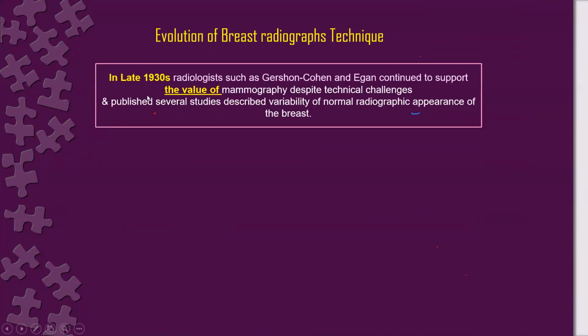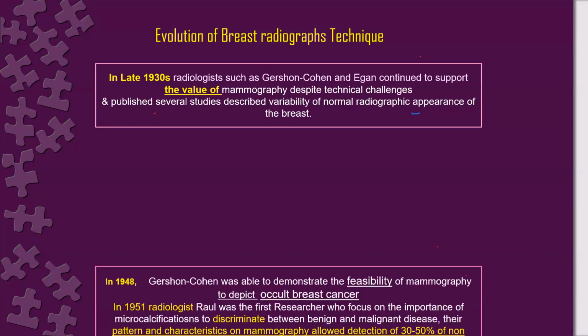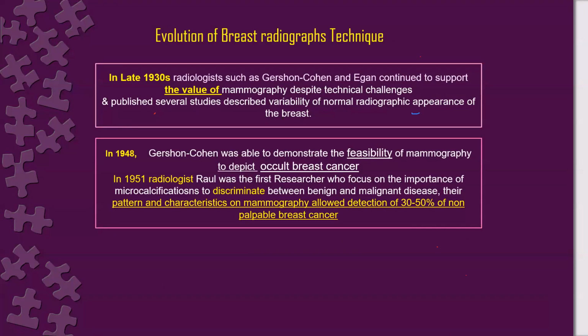Okay, so in the late 1930s, radiologists such as Gershon-Cohen and Egan continued to support the value of mammography despite these technical challenges. And they published several studies describing the variability of the normal radiographic appearance of the breast. And in 1948, Gershon-Cohen was able to demonstrate the feasibility of mammography to depict occult breast cancer.